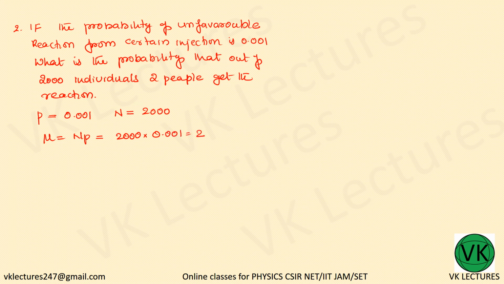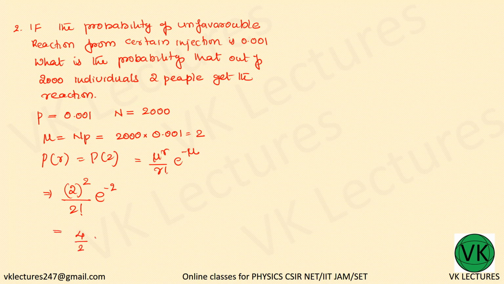Now P of R, the probability of R, equal to the probability of 2, is mu to the power R by R factorial into e to the power minus mu. So that is 2 to the power 2 by 2 factorial into e to the power minus 2, which is 2 e to the power minus 2, that's 2 divided by e squared.